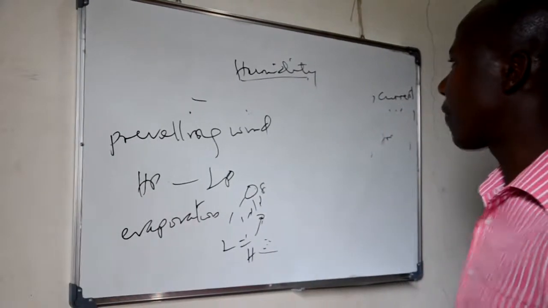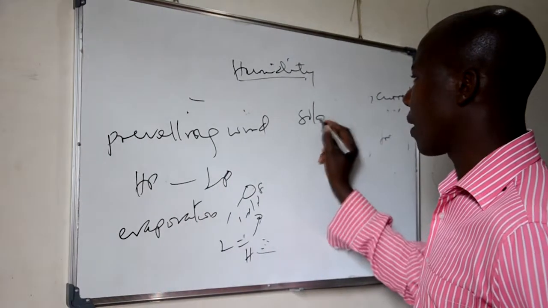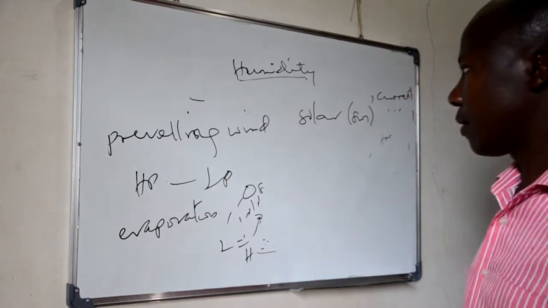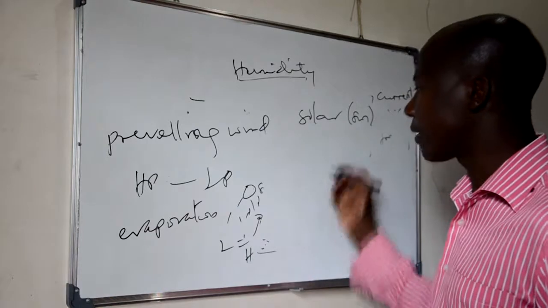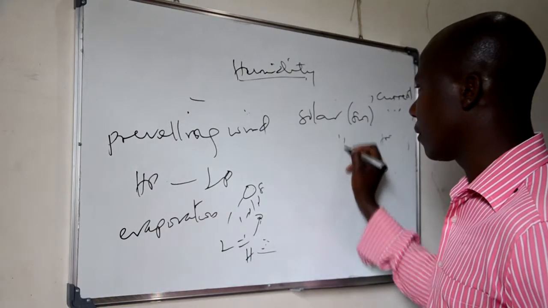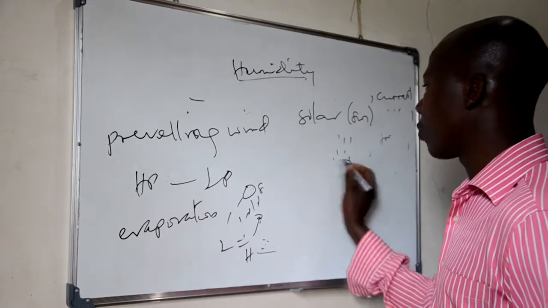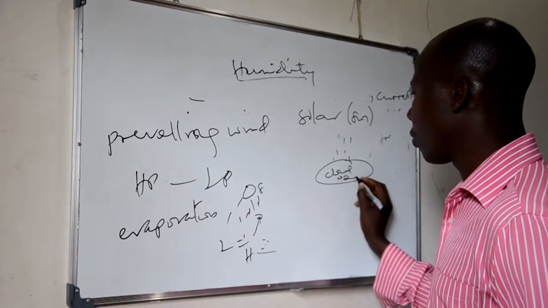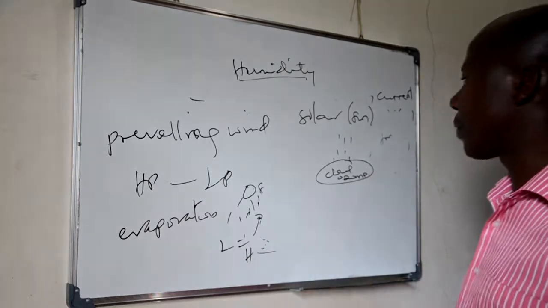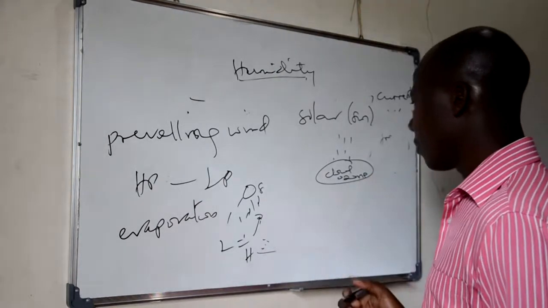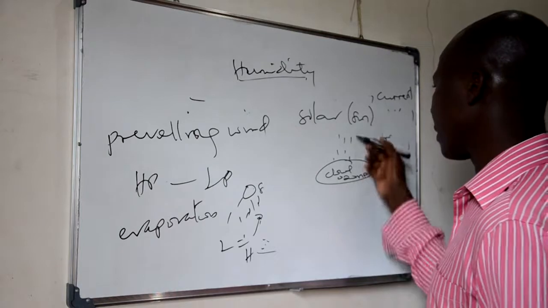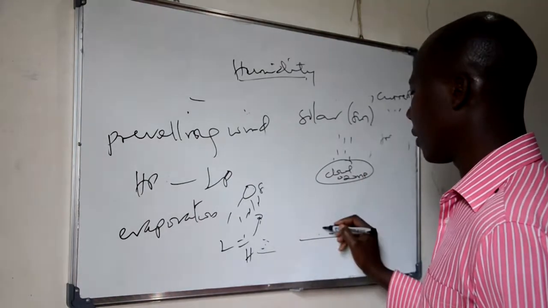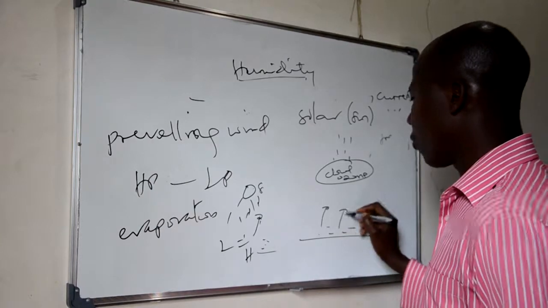Another factor is solar radiation. Solar comes from the word sun. When the sun's rising is high in nature and there is no obstacle, for instance the ozone layer or cloud cover, the penetration of sun or solar radiation will be high, causing high heating capacity to the water bodies and the rise of evaporation or humidity.